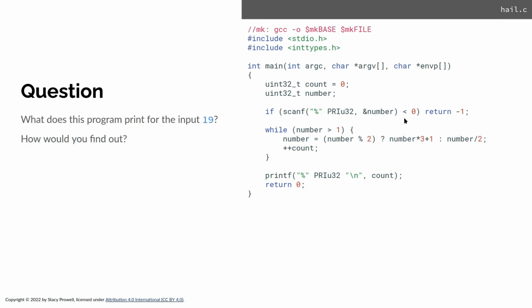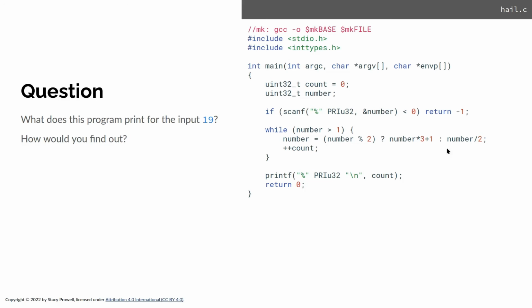I read a number from the prompt, and if something goes wrong, I return -1, so it returns out of this whole function. Otherwise, I do this little loop. While number is greater than 1, if it's even, I divide by 2. If it's not even, I multiply it by 3 and add 1. Weird stuff. And then I increment the count.